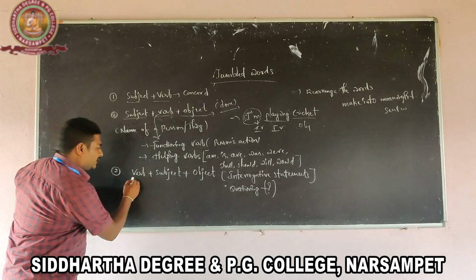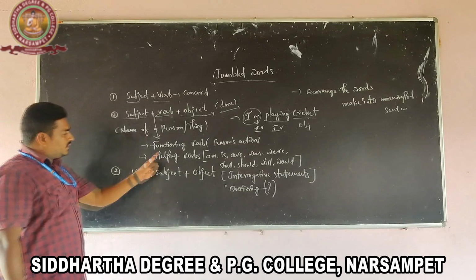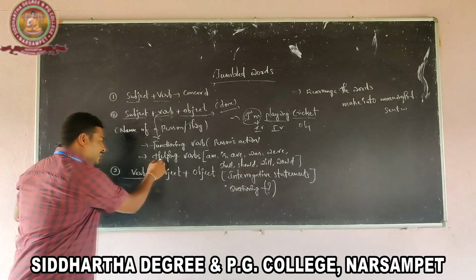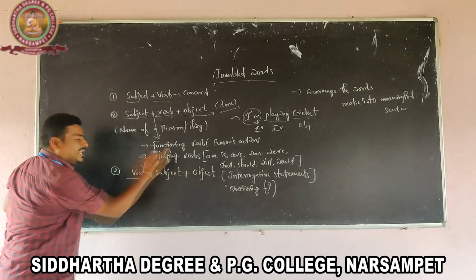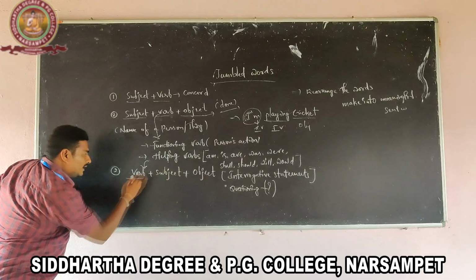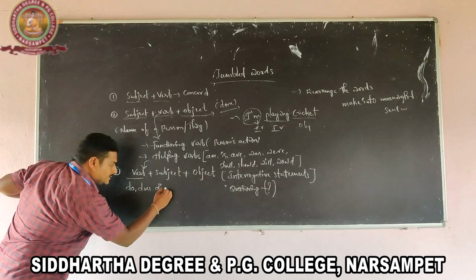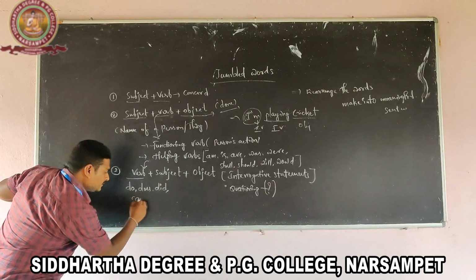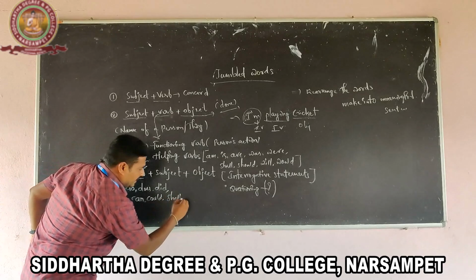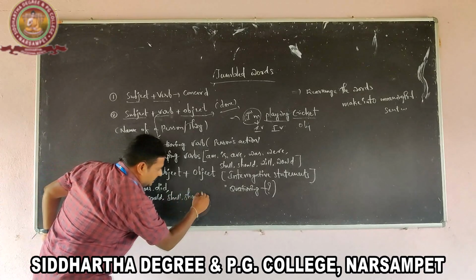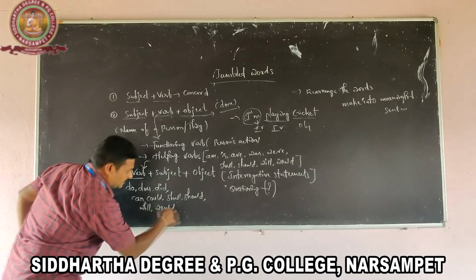Coming to this structure, what is the first one here? Verb. Here verb does not mean a functioning verb. In interrogative statements, it refers to helping verbs, especially do, does, did, can, could, shall, should, will, would.